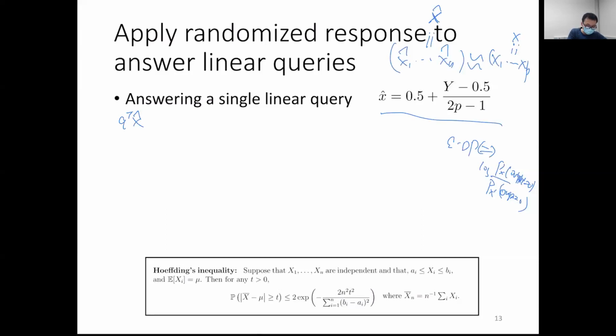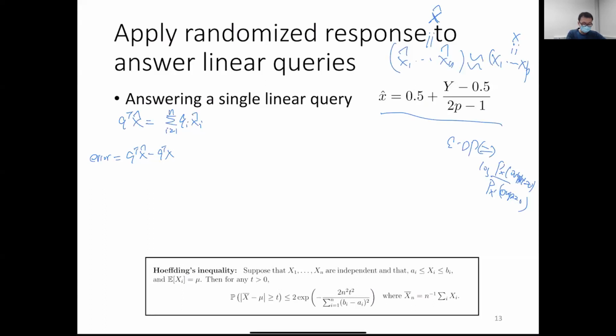This is equal to the sum of Qi X hat of i from 1 to n, and we want to see how close this is to Q transpose X. This is the error we're interested in.